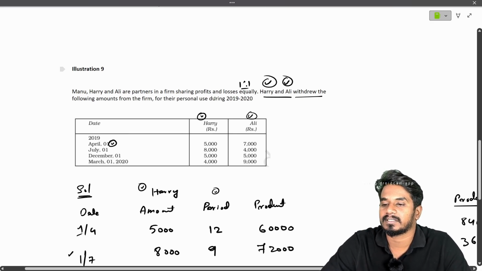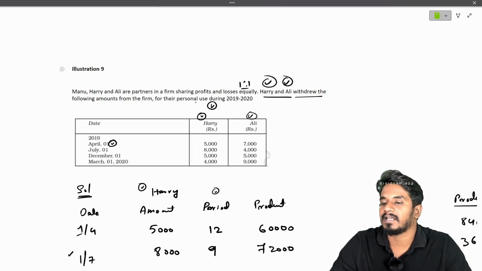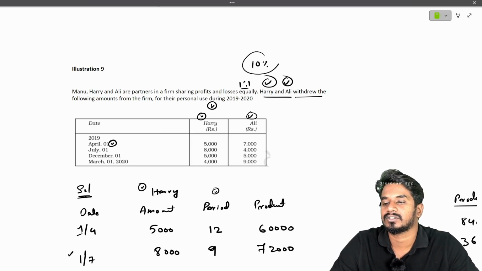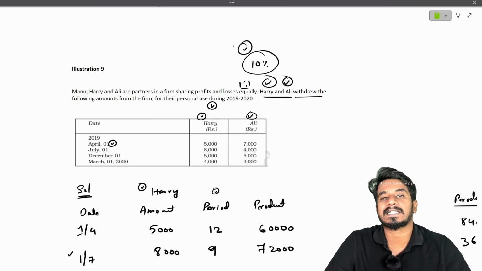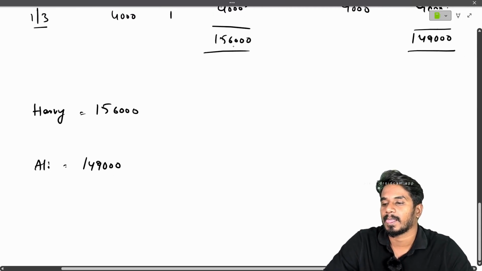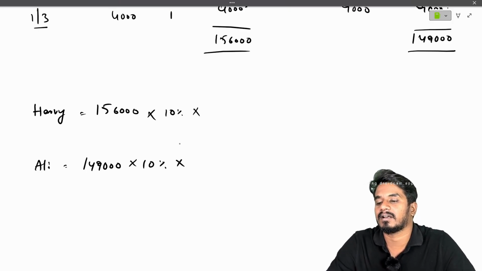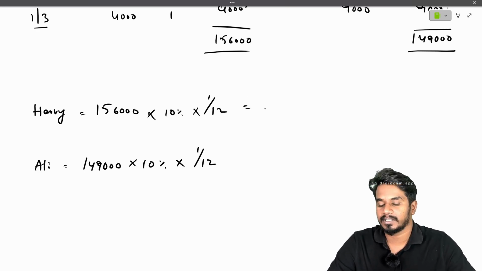So Manu and Harry are partners equally, and Harry withdrew some amount. So we will consider it as, let us say, 10%. I didn't write the percentage here. So we will consider 10% for both the partners, correct? What is the interest rate? 10% we will consider, because I didn't write it in the question. Now 1 by 12 is default in the question.